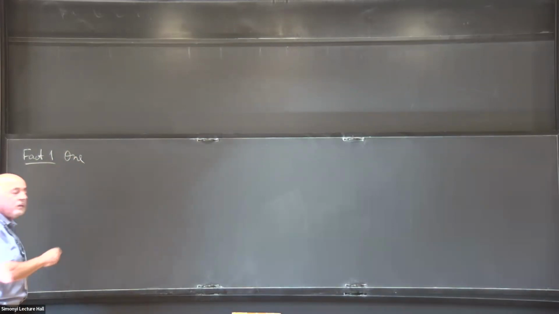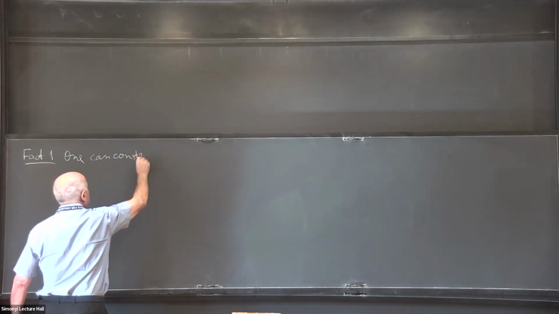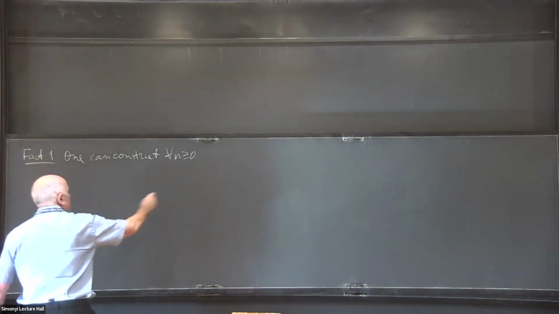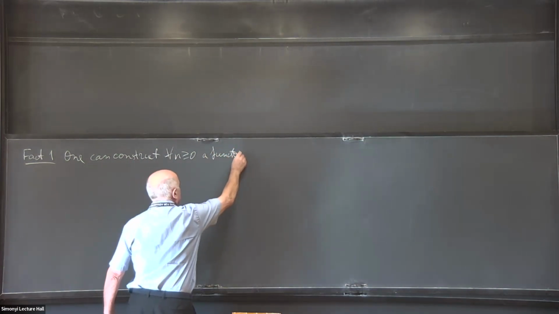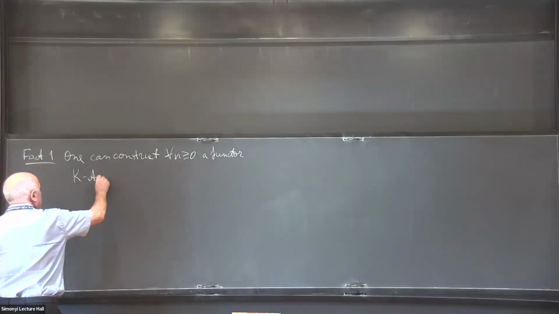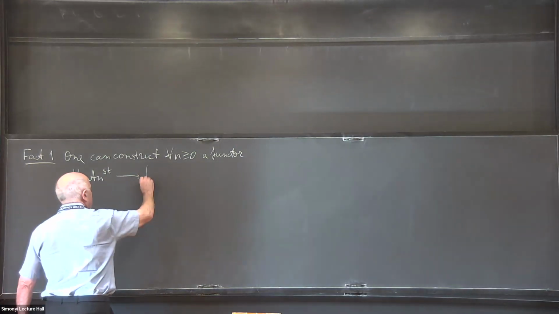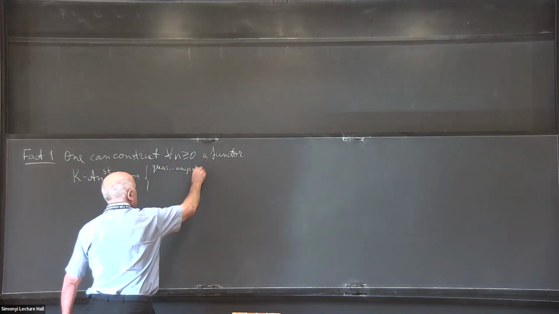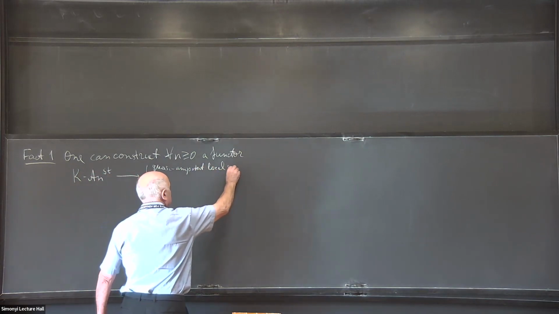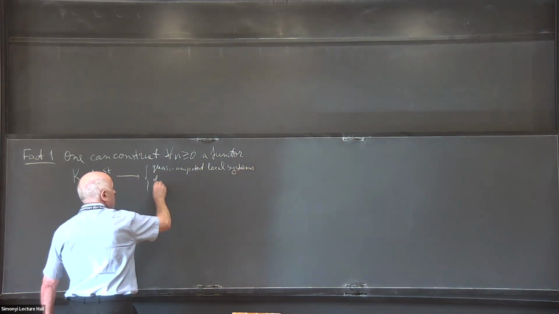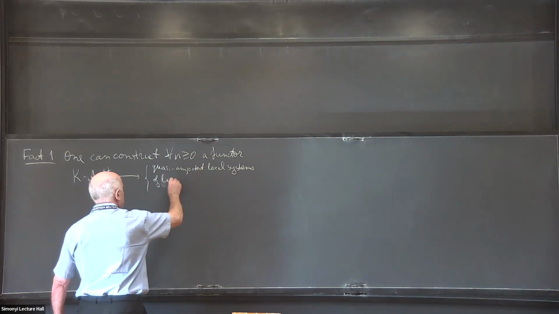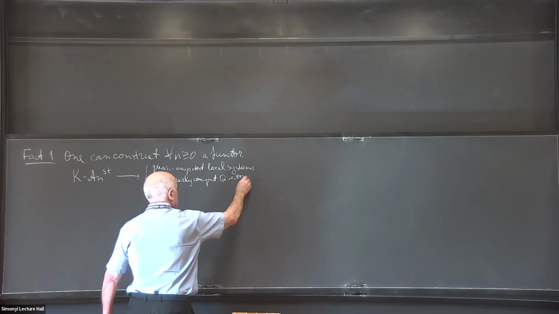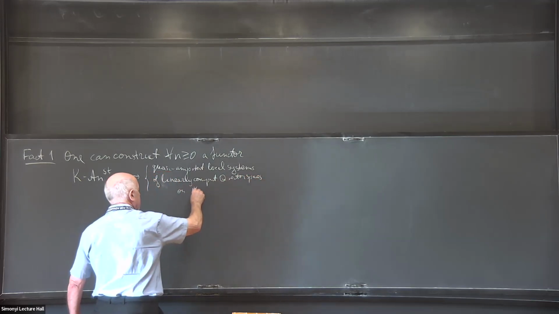One can construct, for any integer n, a functor from the category of strictly K-analytic spaces to the category, I have no notation for it, so I write: quasi-unipotent local systems of linearly compact K-vector spaces on that space A star one.